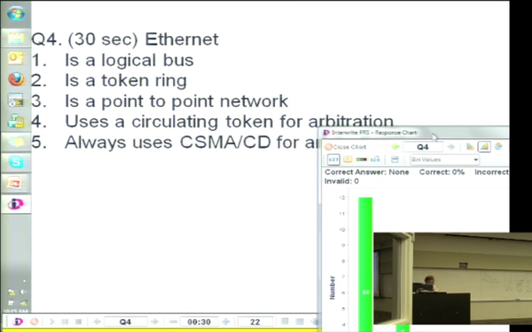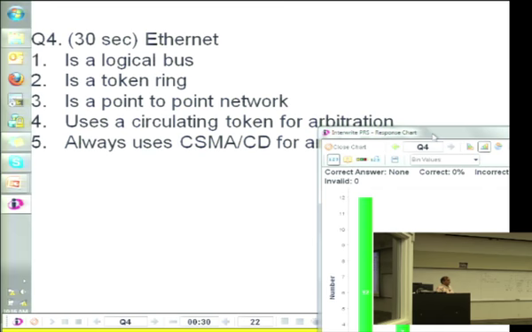Shane? Pardon me? No, if it is point to point and it is full duplex, then there is no collision. If it is point to point but it is half duplex, then you are right.